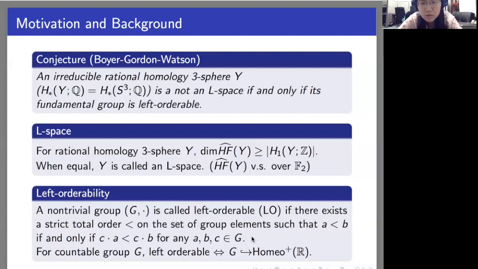And for a countable group G, being left orderable is the same as the group G acting on the real line by orientation preserving homeomorphisms. And a three-manifold is called orderable if its fundamental group is left orderable.